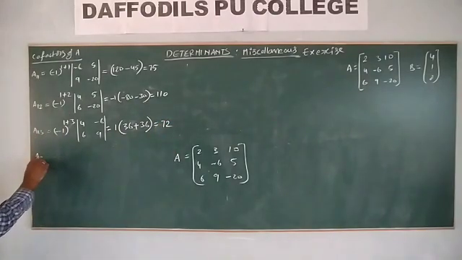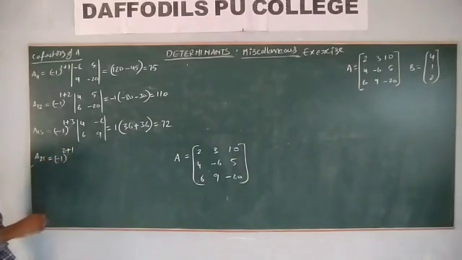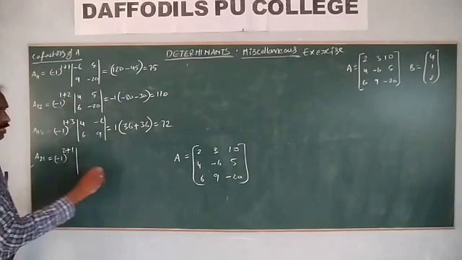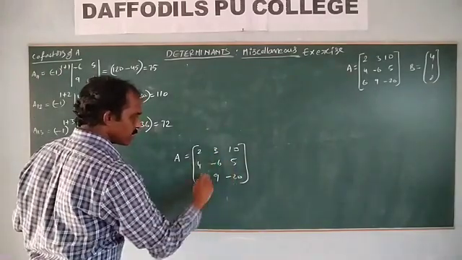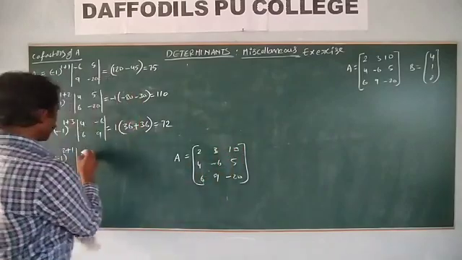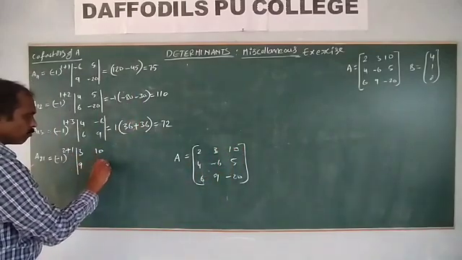Next one. A21 means minus 1 to the power of 2 plus 1 and its minor. A21, deleting this row and this column, leaves 3, 10, 9, -20.